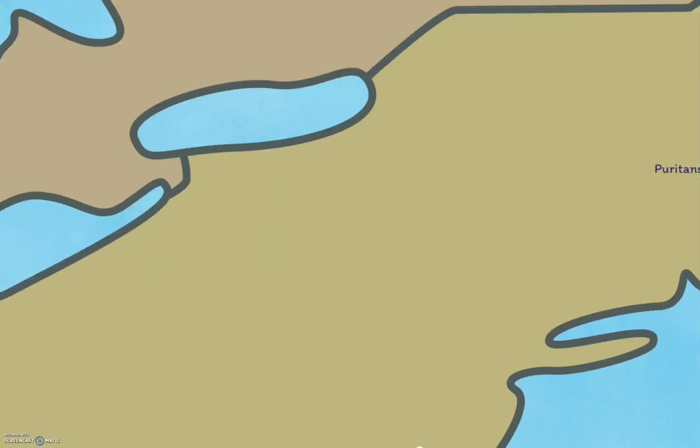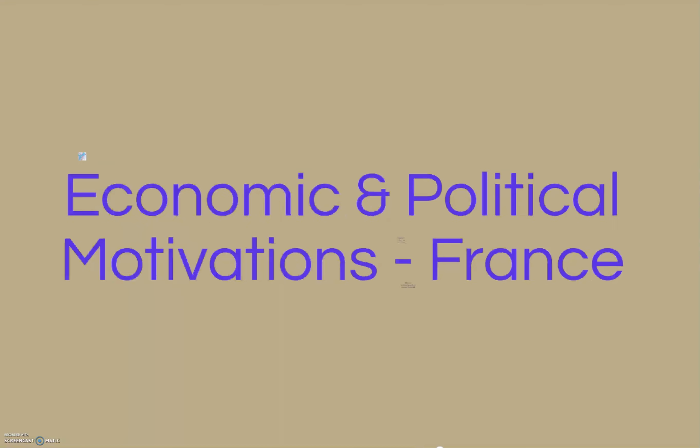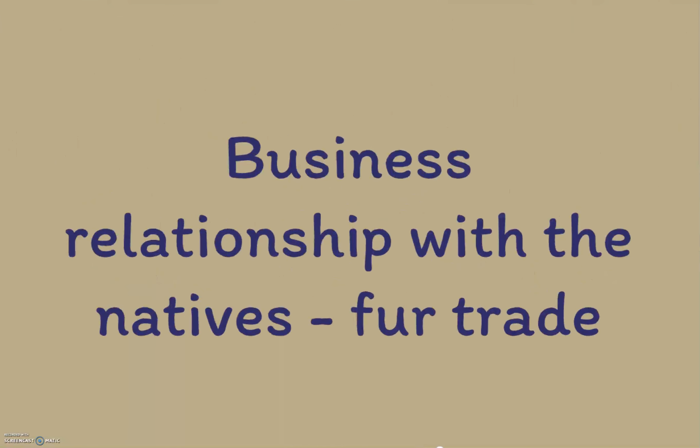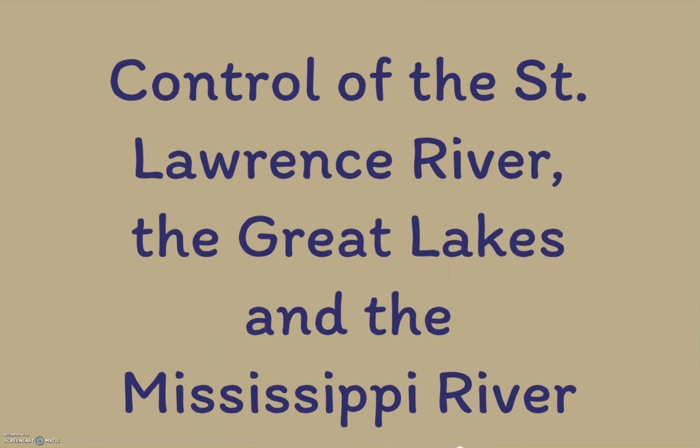So the economic and political motivations for France are also commercial. More specifically, it would be with the fur trade. And what's interesting here is that you're going to see the French actually create a relationship with the natives. Instead of killing them, they actually befriended them. But very few people actually immigrated to the New World.